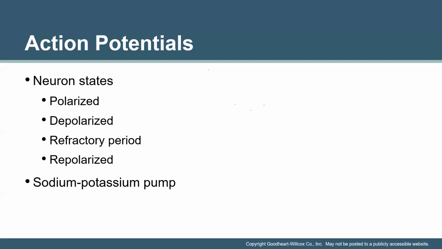So when a neuron is inactive or at rest, there are potassium ions inside the cell and sodium ions outside the cell. Although both ions will have a positive charge, due to the concentration from one side of the cell to the other, there's going to be a difference.